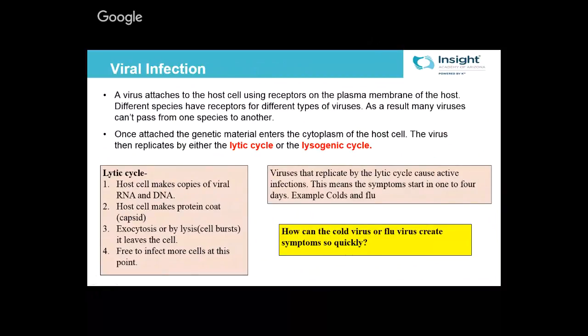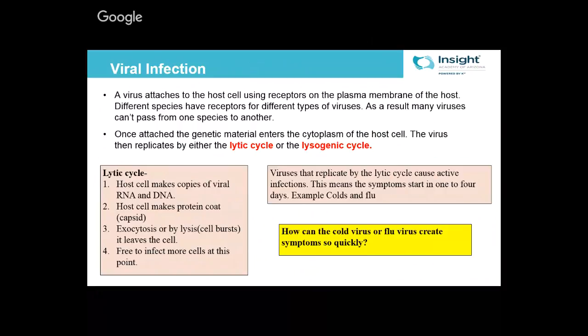So how does the virus actually infect its host? Well, it attaches to the host cell using receptors on the plasma membrane of the host. So it matches up to that. The different species have receptors for different types of viruses. We also have antibodies. If we have an antibody, then the virus can't necessarily connect to the cell.